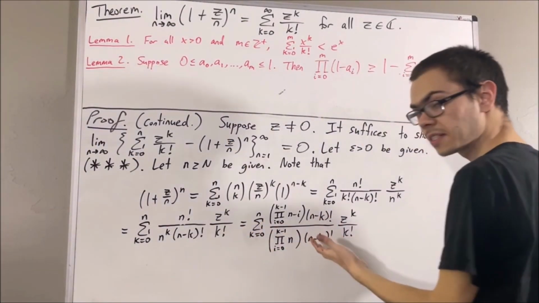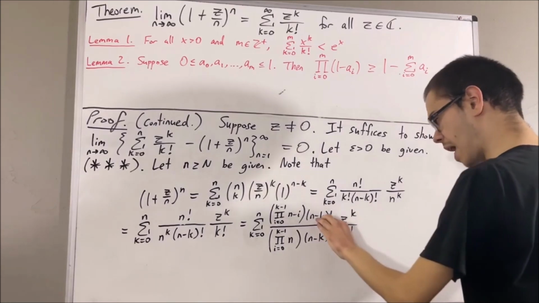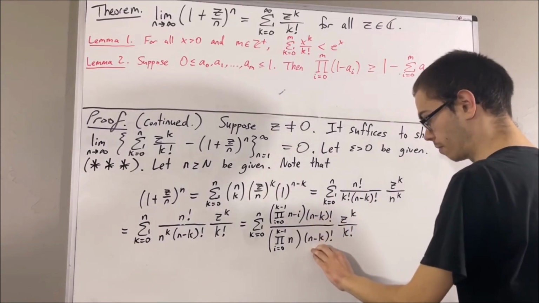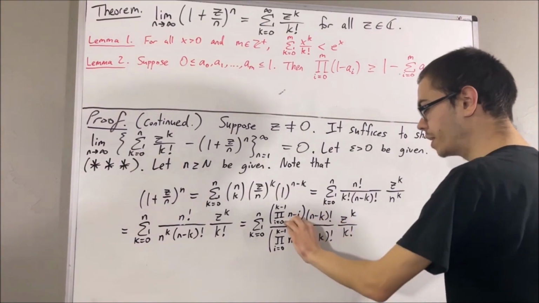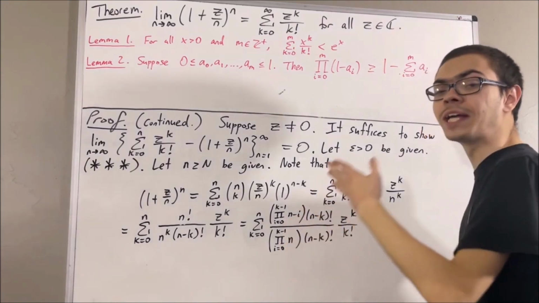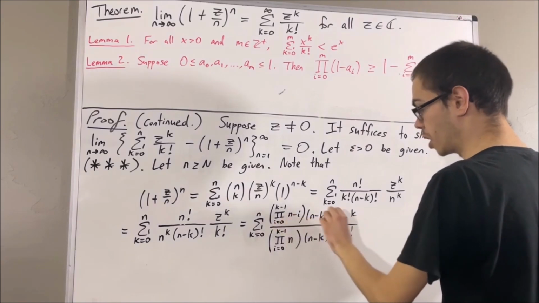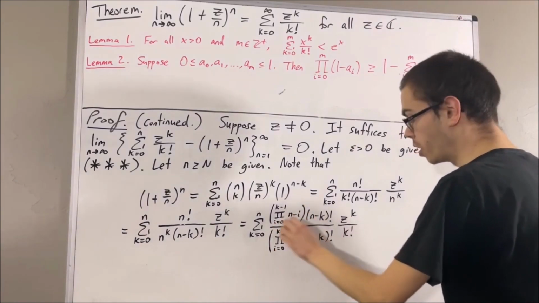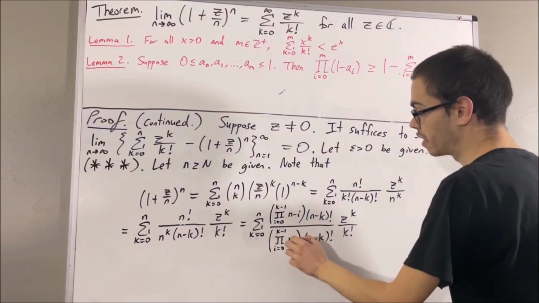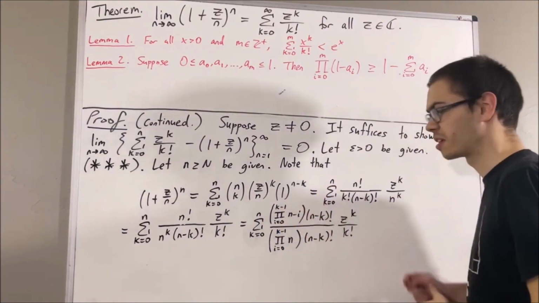So we get this, and we see that the n minus k factorials are going to cancel out. Also, we can combine these two products into a single product, right? Really, we have a ratio of products. Well, a ratio of products is the same thing as the product of the ratios.